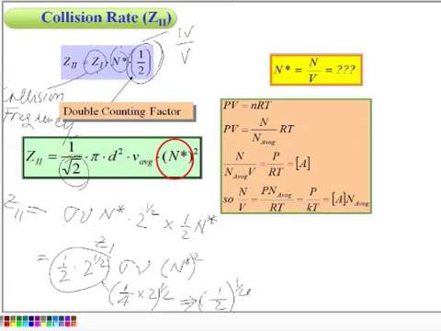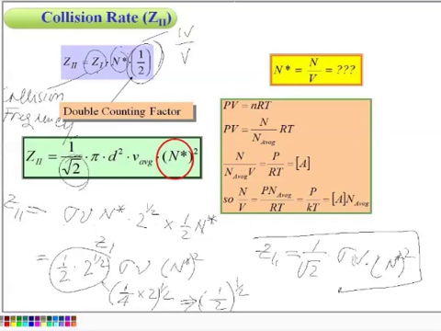Then Z2 is equal to this times V times N squared, and this is exactly the same as this. This is where the root of 2 comes from. So this is actually the collision rate.